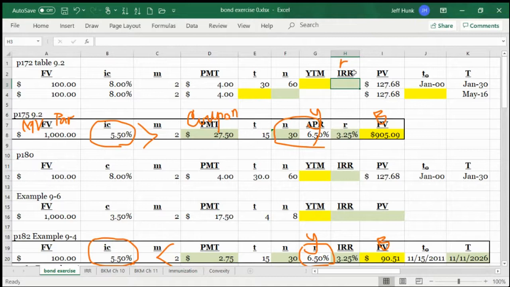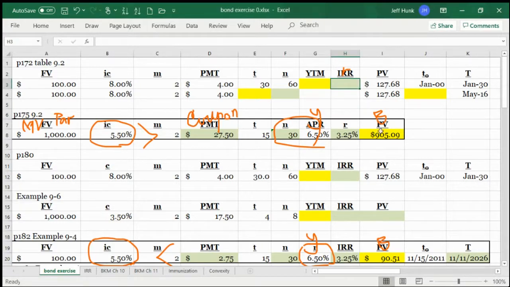There will be a time when I will go more into internal rate of return later. But usually the symbol for the periodic rate is lowercase r, right?